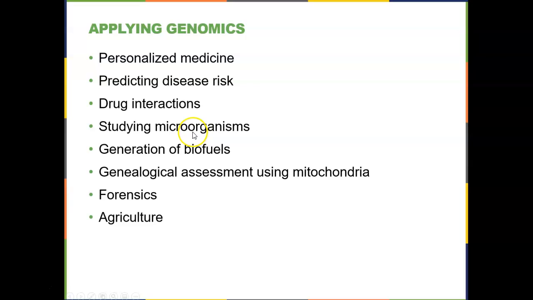If we know all their genes, we can create biofuels. We can look at assessment using mitochondrial DNA, which is the basis for all these 23andMe type tests. We could use it to solve crimes, which is forensics, and we can use it to improve agriculture or our production of food crops.